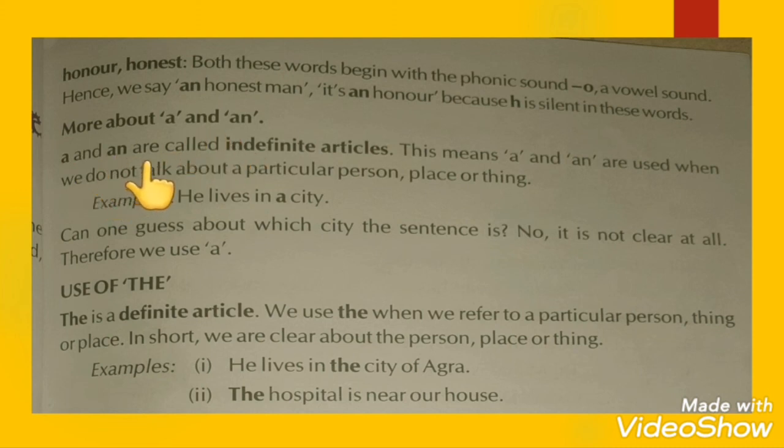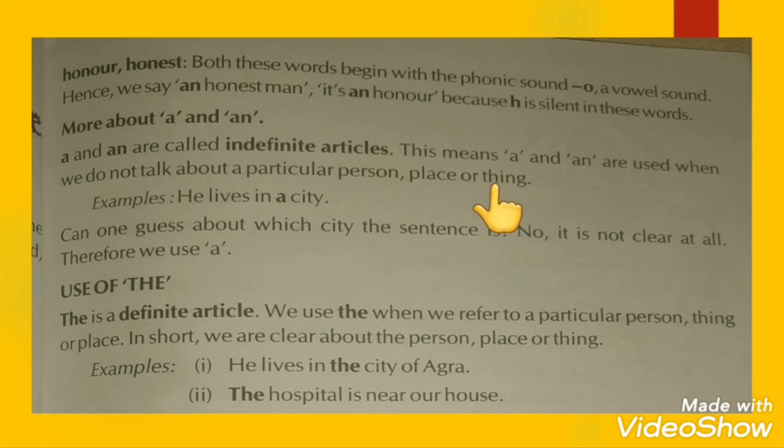More about a and an. A and an are called indefinite articles. This means a and an are used when we do not talk about a particular person, place or thing. हम a और an को वहाँ यूज करेंगे जहाँ पर हम किसी पर्टिकुलर एक चीज की बात नहीं कर रहे हैं.